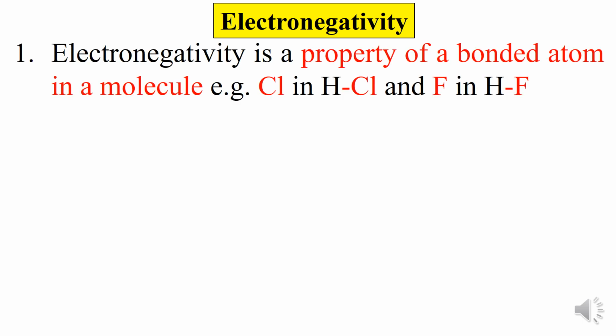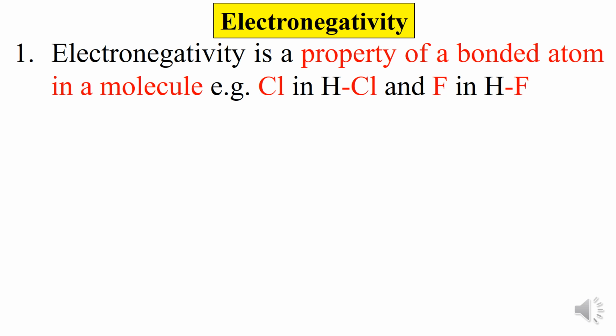Now remember, electronegativity is a property of a bonded atom in a molecule. For example, chlorine atom in hydrogen chloride molecule and fluorine in hydrogen fluoride molecule. So electronegativity value can be assigned to atoms that are associated with other atoms by a chemical bond.